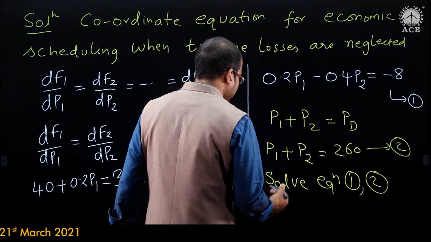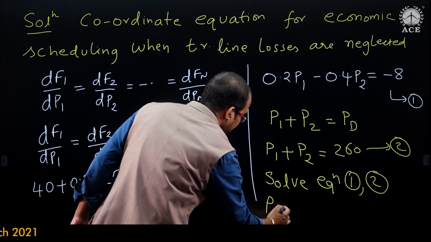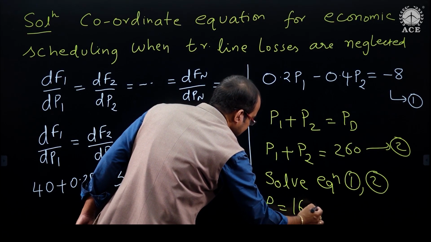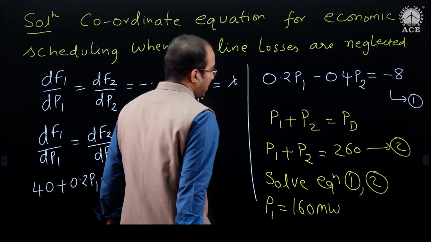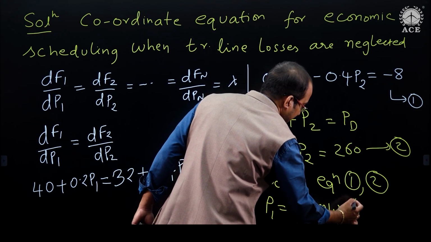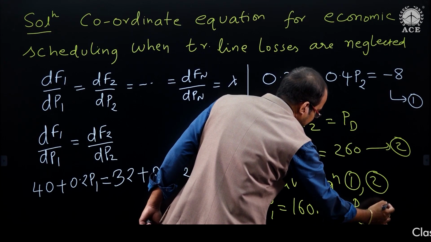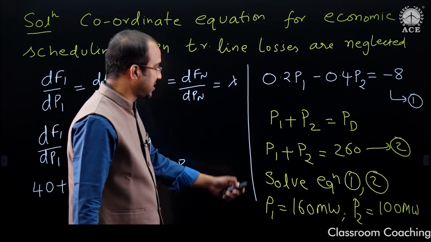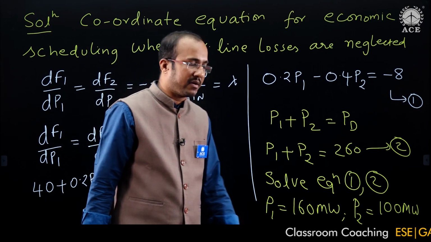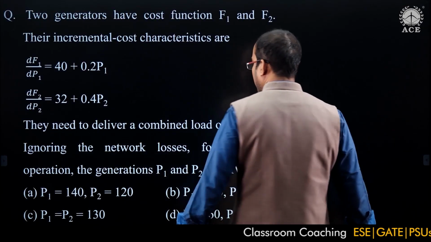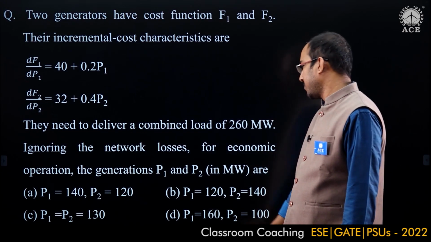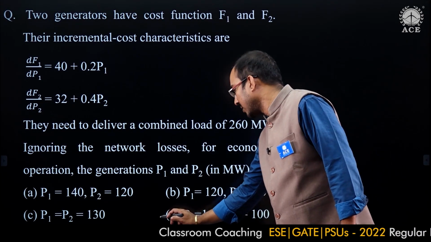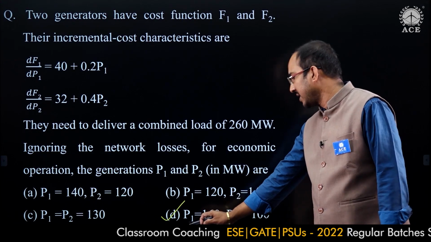If we can solve equation 1 and 2, we will get P1 as 160 megawatt and P2 as 100 megawatt. Now let us look at the options. P1 is 160 and P2 is 100 megawatt. So answer is option D.